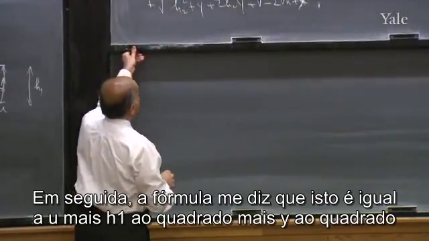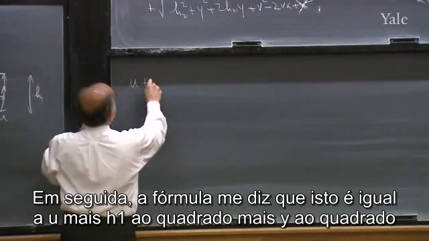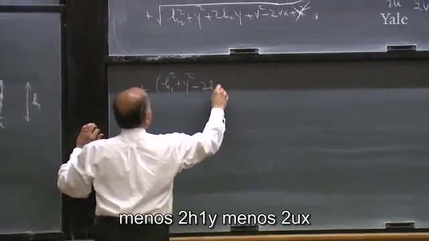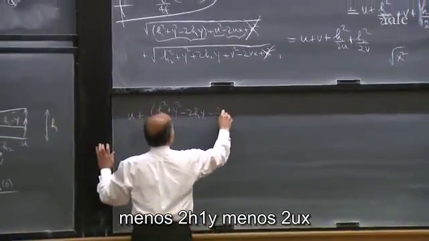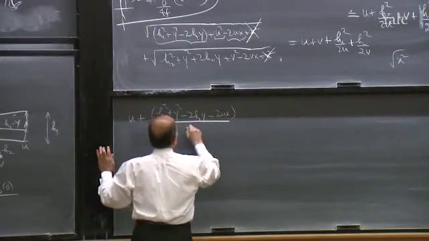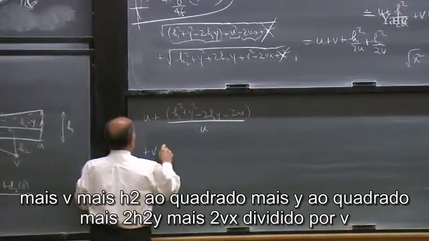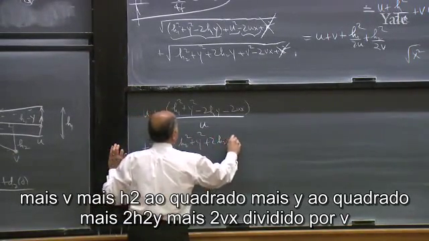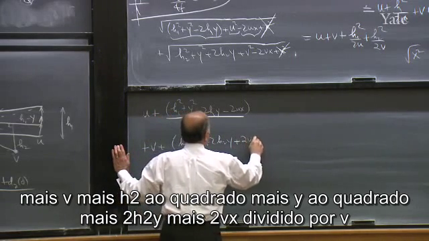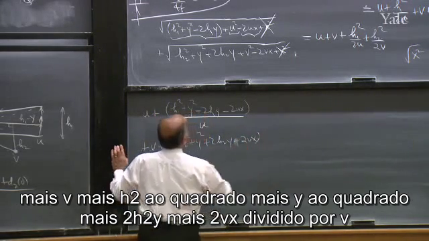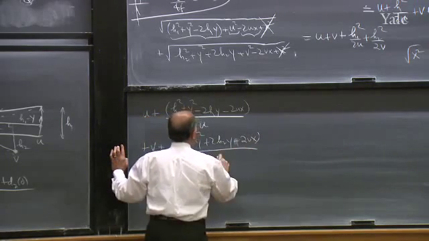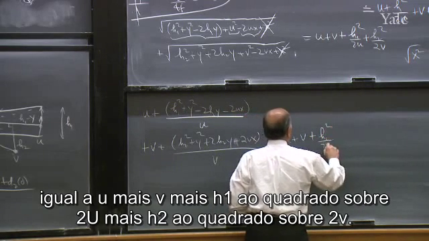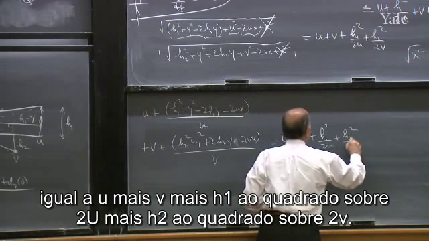Then the formula tells me this is equal to u plus h1 squared plus y squared minus 2h1y minus 2ux over u plus v plus h2 squared plus y squared plus 2h2y plus, let me see, minus 2vx divided by v is equal to u plus v plus h1 squared over 2u plus h2 squared over 2v.